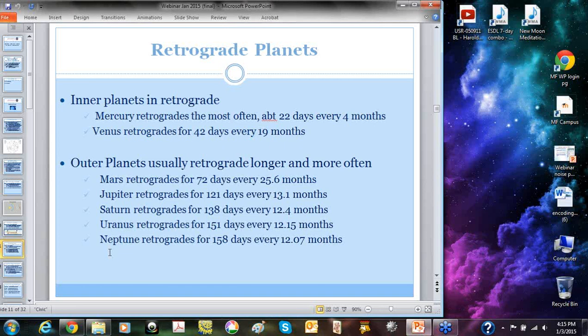Jupiter is retrograde in total about 1/3 of each year, while Saturn and beyond are retrograde for progressively longer periods of time, as you can see from the slide here. So while we may or may not be born with any retrograde planets, we still can be impacted by them for some period of time via the motion of the planets as they transit our charts.